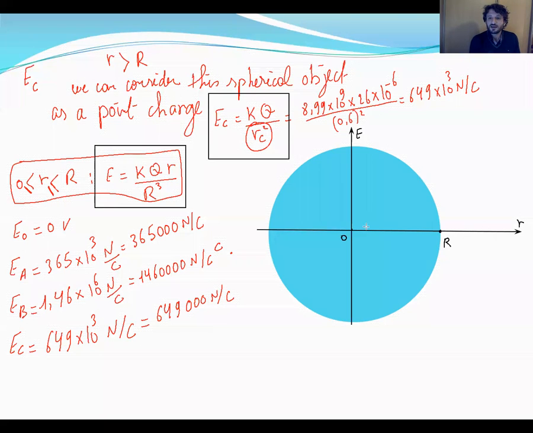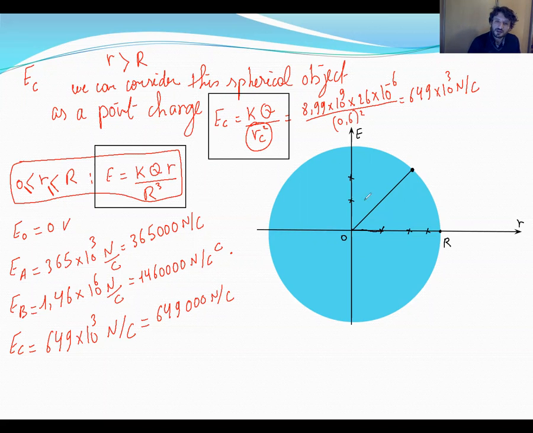So you get this relation between them. Each time you increase the value of the radius, you increase the value of E. Here you get here, you get here. Finally, you get this point.